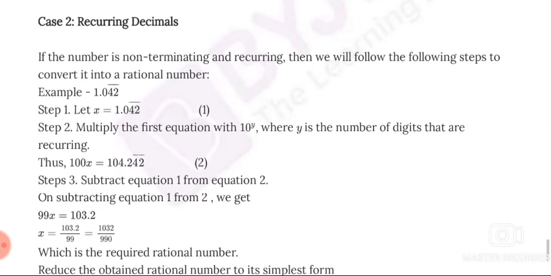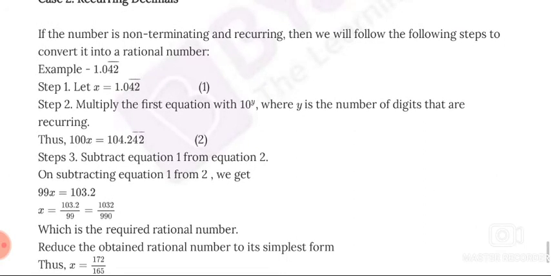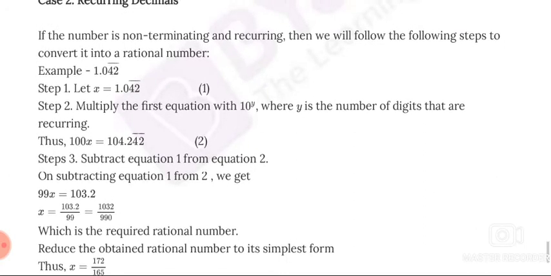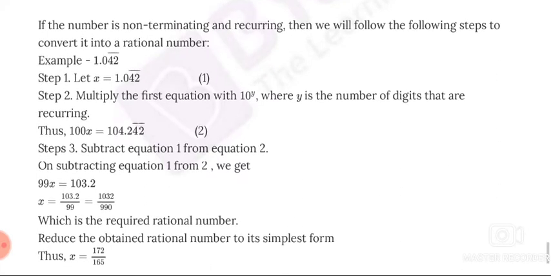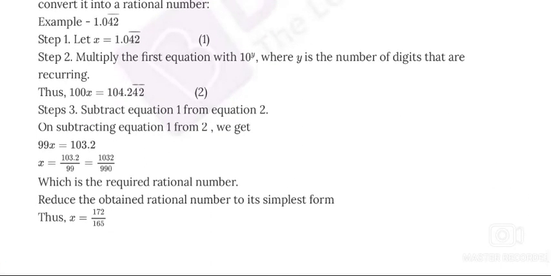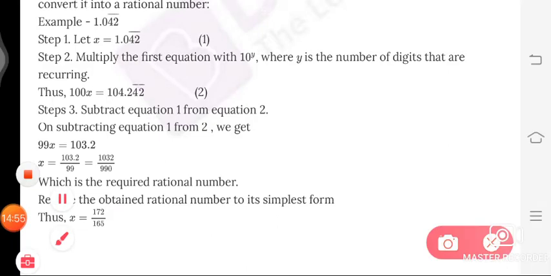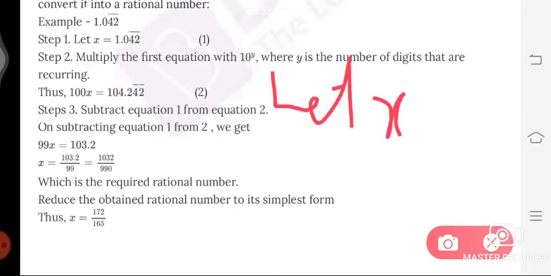Reducing decimals. If the number is non-terminating and recurring, then we will follow the following steps to convert it into a rational number. Example: let x is equal to 1.04242 bar.